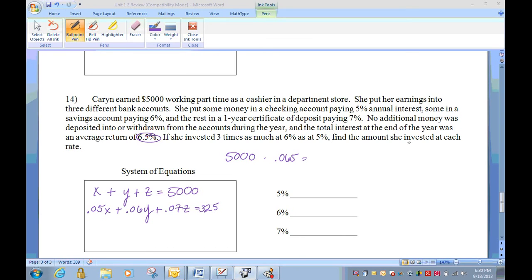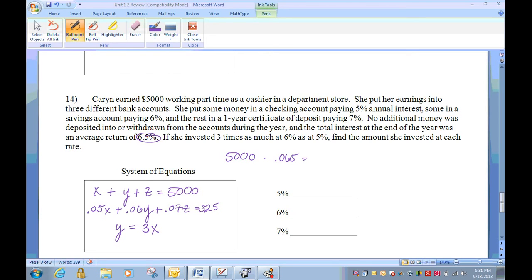Find the amount that she invests at each rate. Okay, so the amount that she invests at 6% is Y, and that is 3 times the amount that she invests at 5%, which is X. So I'm going to do 3 times X.